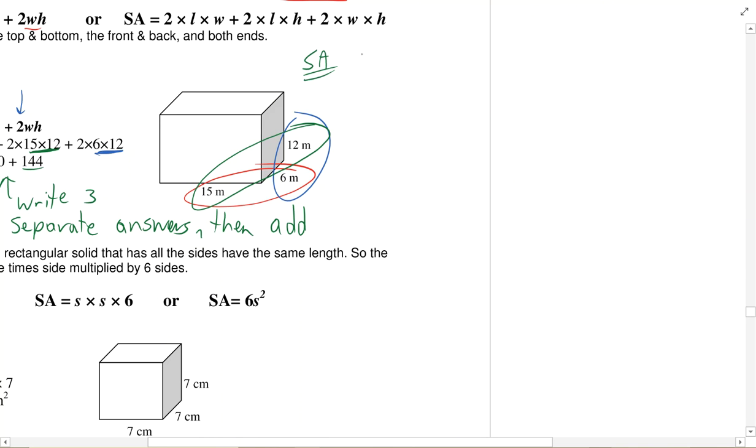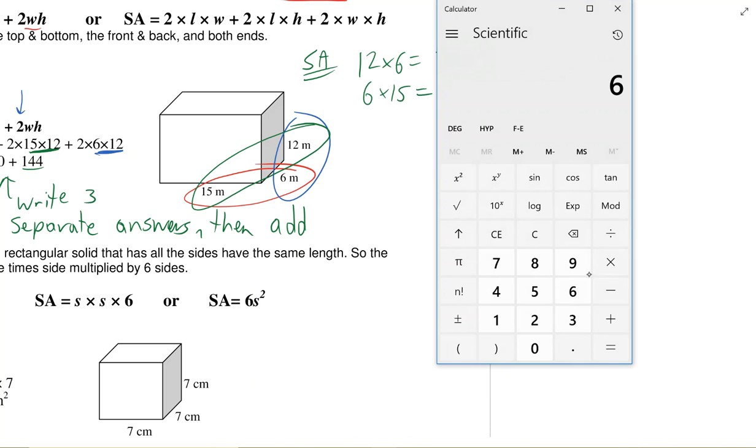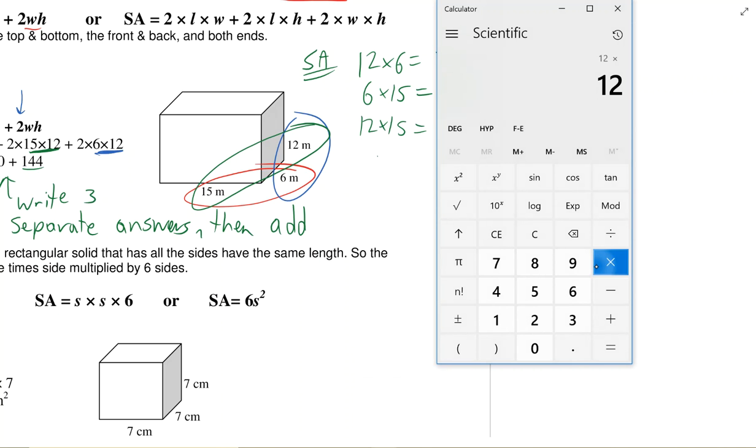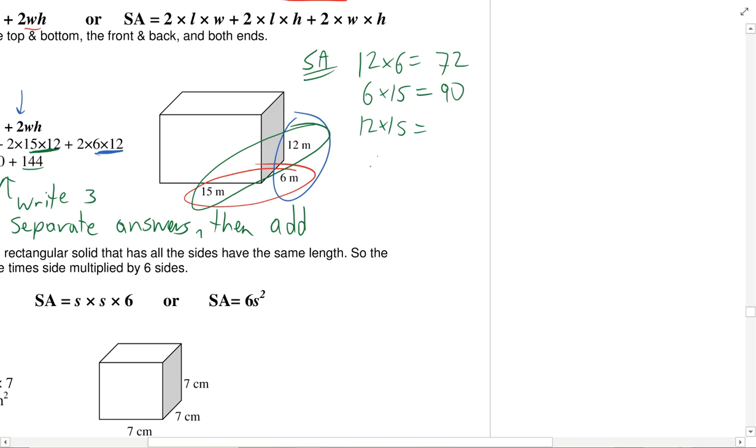Okay, I go 12 times 6 equals 72. Then I go 6 times 15. Ooh, I don't know that one. 6 times 15 is 90. And then I go 12 times 15, which I don't know for sure. Okay, 12 times 15 is 180. Then I'll add them up.